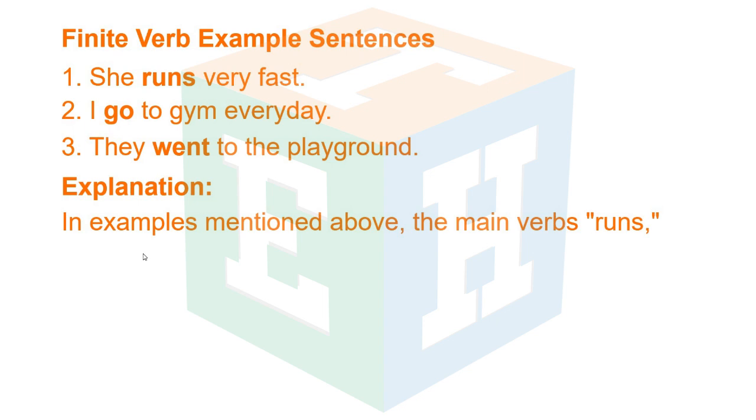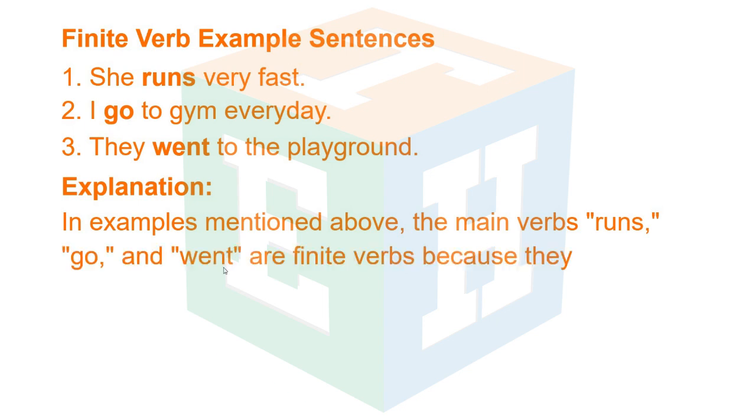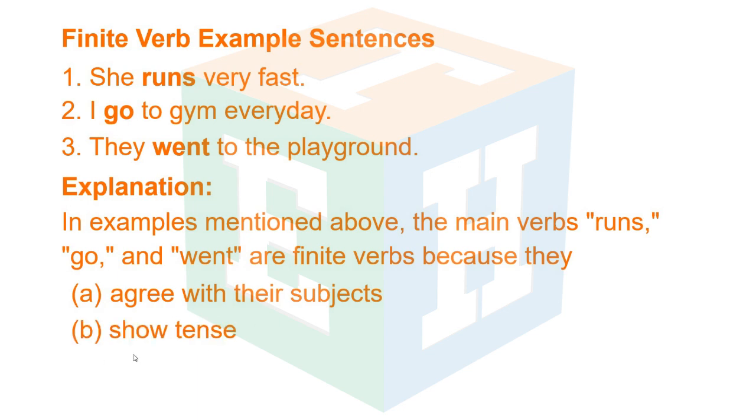Explanation: in the examples mentioned above, the main verbs runs, go, and went are finite verbs because they A, agree with their subjects, B, show tense, and C, indicate number and person.